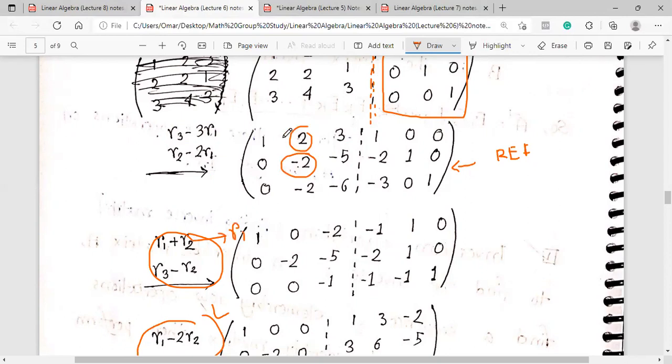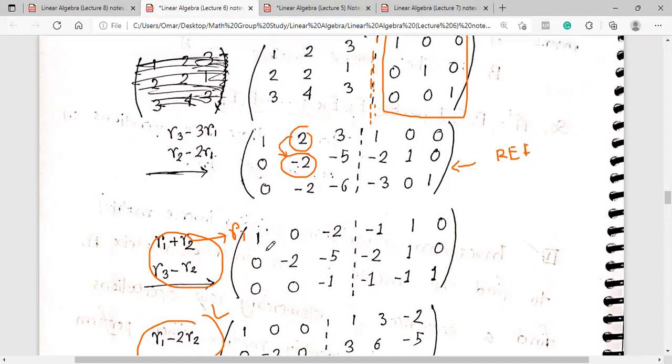So if I add these two rows, 2 plus minus 2, that is going to be 0, and I put the value here. Then 1 plus 0, that will be 1, so I put down the value here. And then 3 plus minus 5, that means minus 2, so I put the value here.